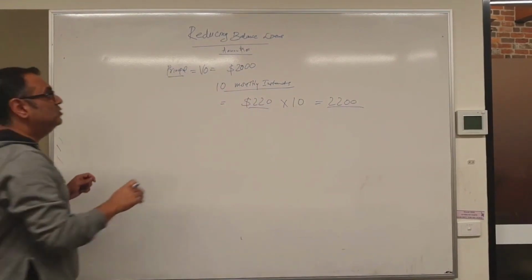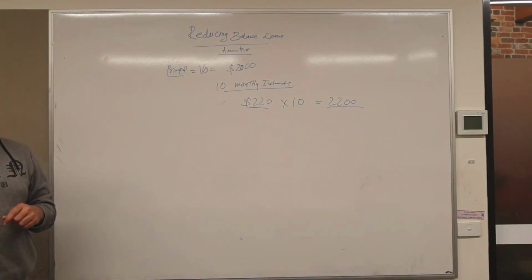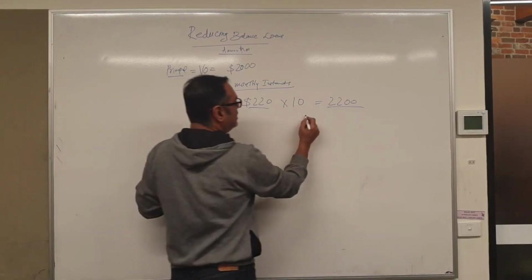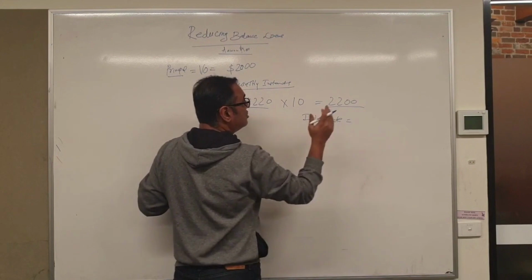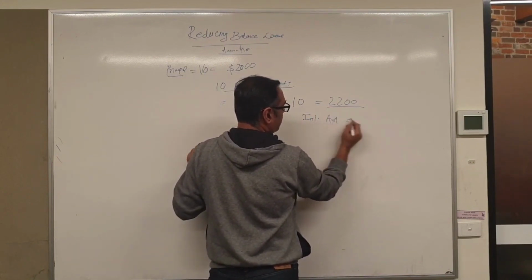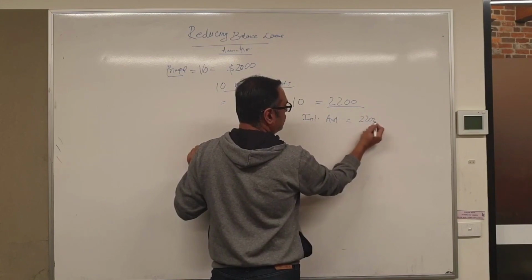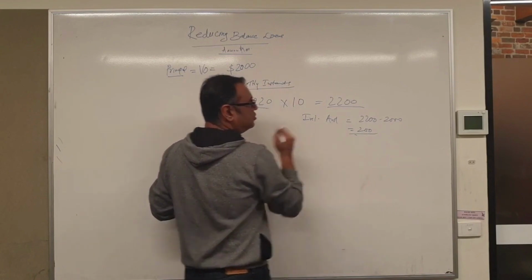How much did you lend? 2,000. So what is the interest rate? Interest, not the rate, interest amount is 2,200 minus 2,000, which is $200.